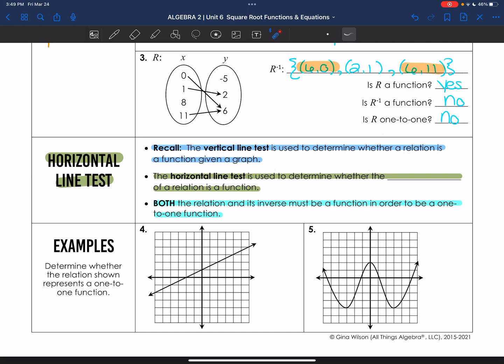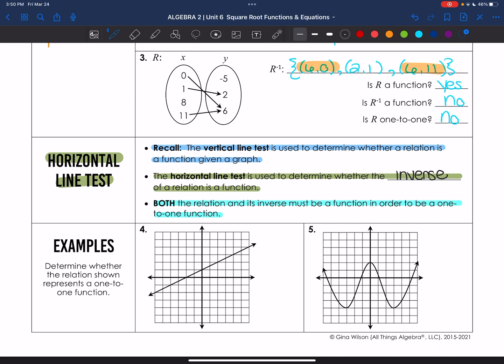That's what we've seen before. But now the horizontal line test is used to determine whether the inverse of a relation is a function. Both the relation and its inverse must be a function in order for it to be a 1-to-1 function.